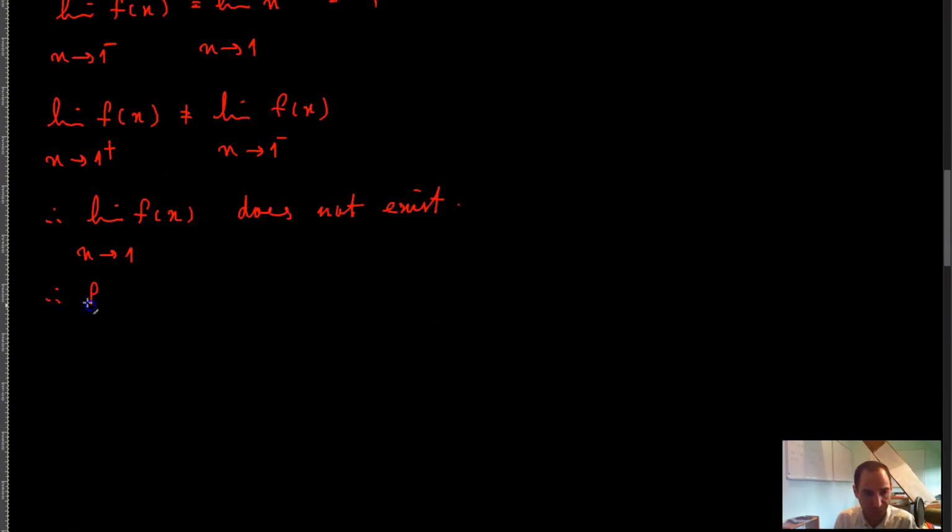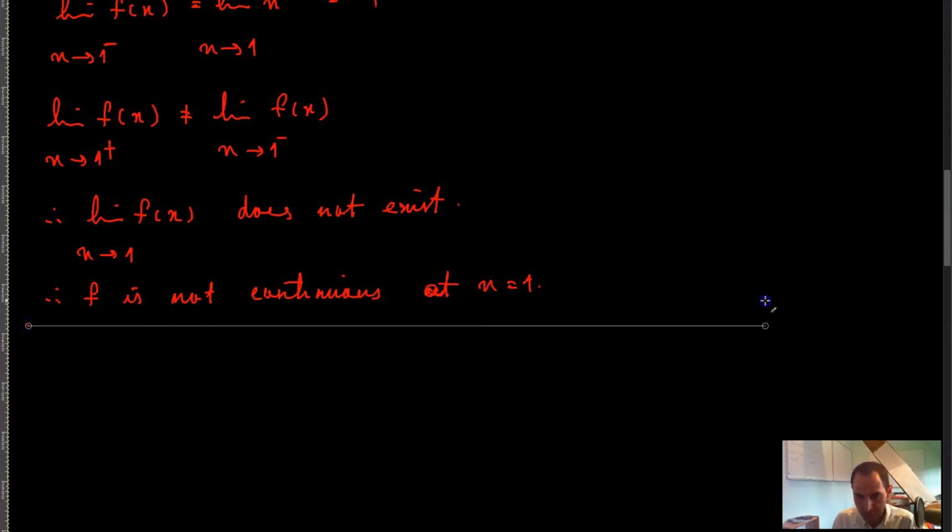Therefore, f is not continuous at x is equal to 1. That was case 2.